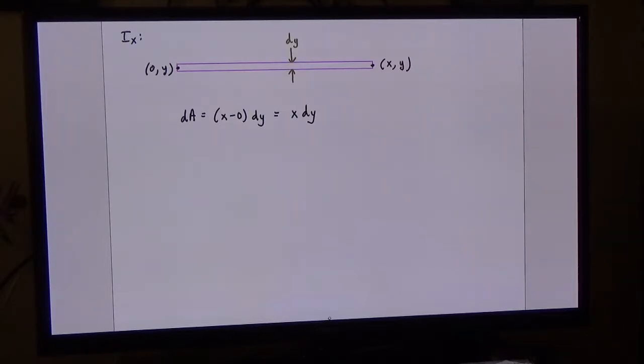Now that we have our differential area, we can plug dA into the equation for I about x. For I about x, we have the integral of y squared dA. That's the formula. Then plugging in dA, we have the integral of y squared times x dy.